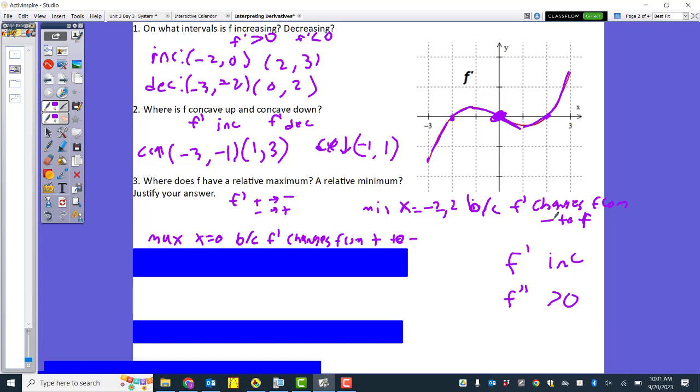Positive. This looks like an F. It should be a positive. There we go.